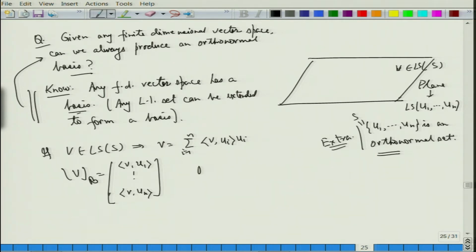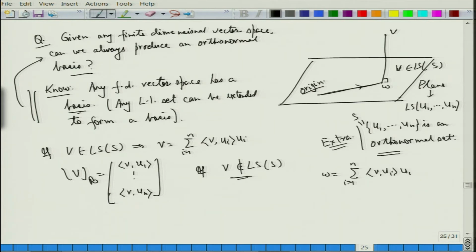If v does not belong to the linear span of S, then it is somewhere outside. If it is somewhere outside, then I drop a perpendicular from here, and I have some origin with me. Linear span always contains an origin, so I get a vector w. Now what is this vector w? This w is the summation, i going from 1 to n, of v comma ui. I have not got the whole vector, I have got this.